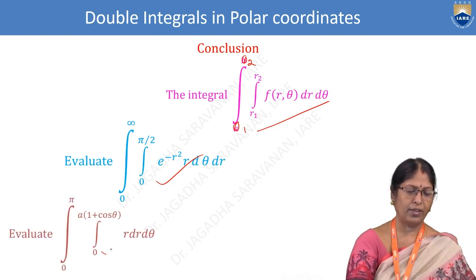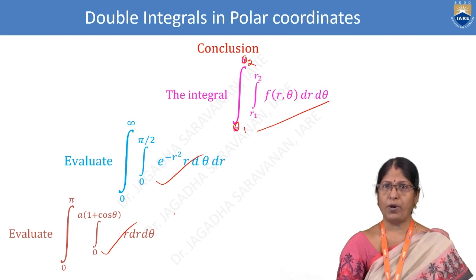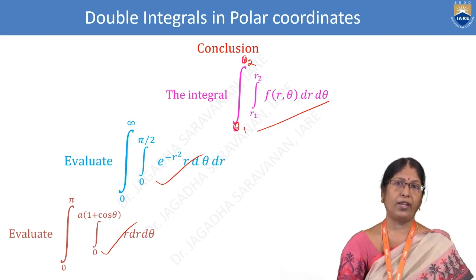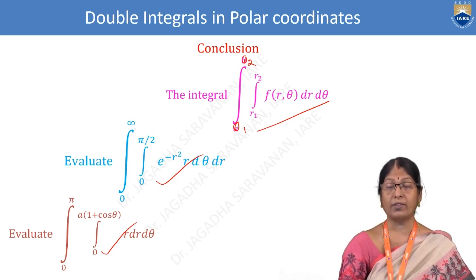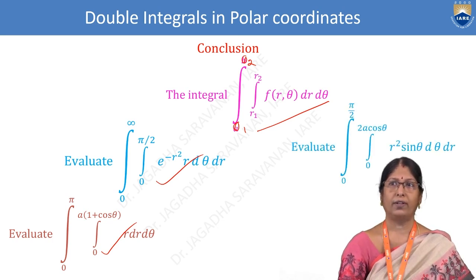The next problem: here the interior integration 0 to a of 1 plus cos theta we have taken. The next one is a different function, r square into sine theta.